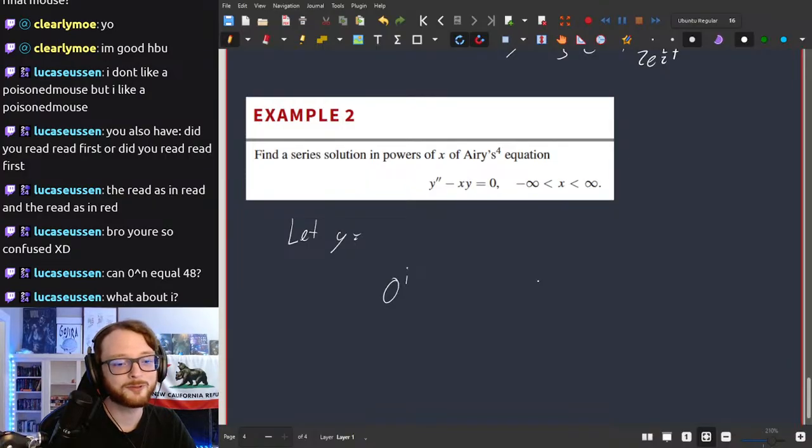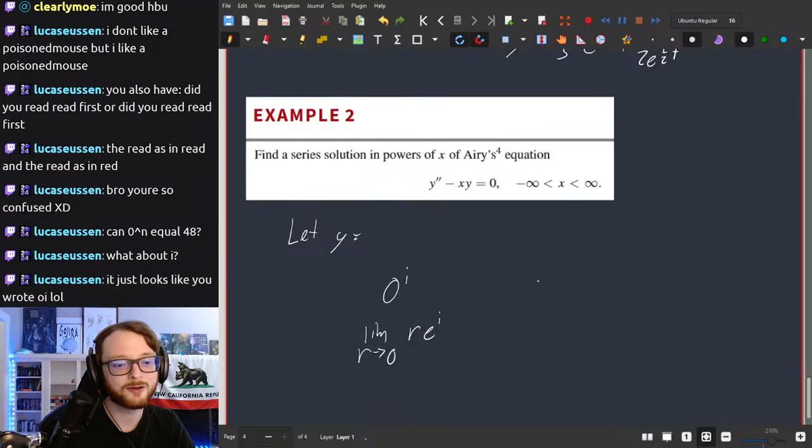What about the limit as r goes to 0 of some complex number re^(iθ) to the power of i?